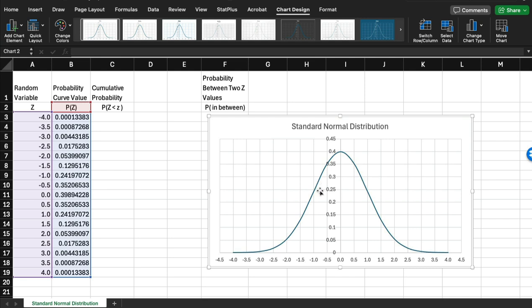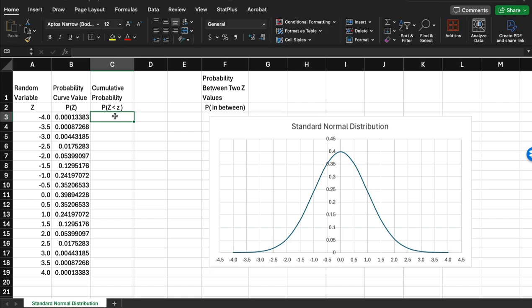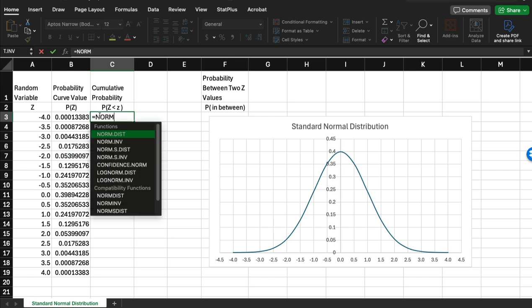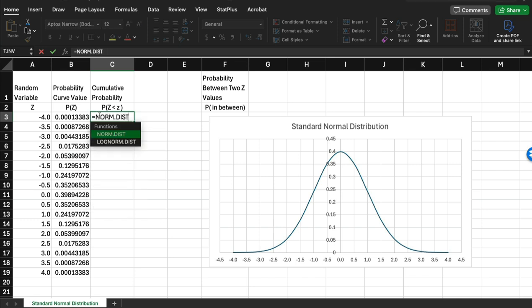But again, the probabilities of outcomes are always going to be probabilities either in between two values or to the right of a value or to the left of a value. So let's fill in our cumulative probabilities here. In column C, in cell C3, type equals, and again it's norm.dist, parenthesis.